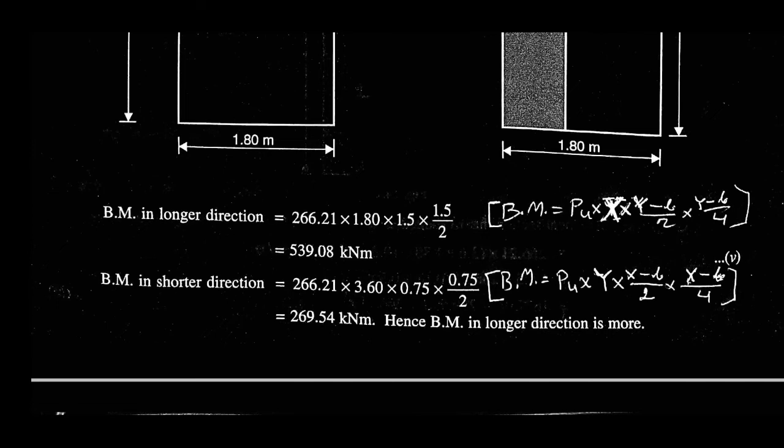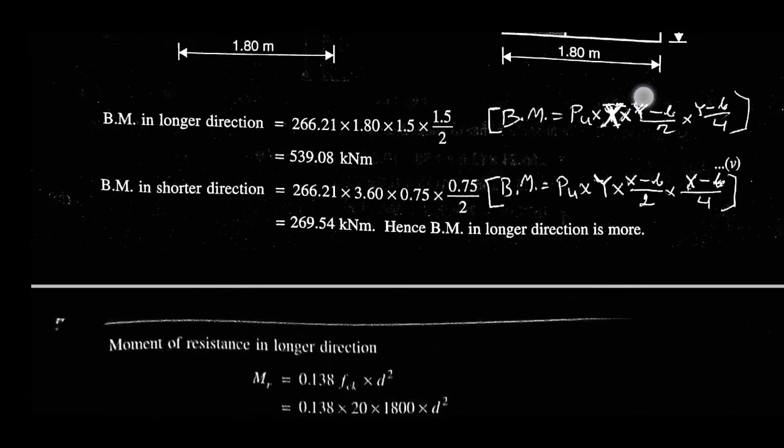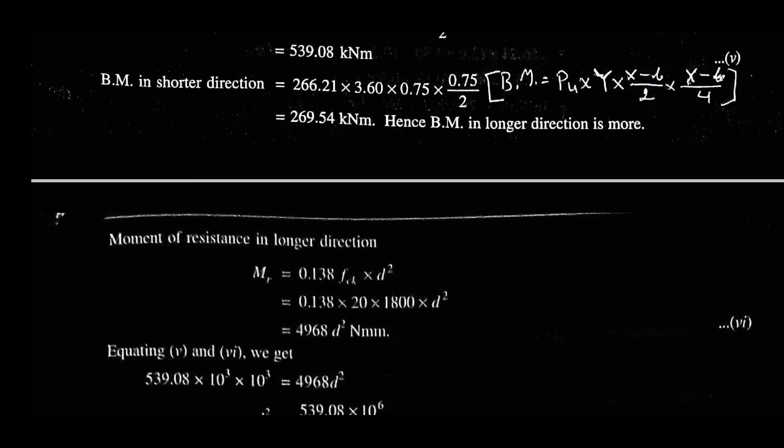Now the bending moment in the shorter direction, I have written the formula again. This is equal to 266.21 into 3.6 into 0.75 into 0.75 by 2, that is equal to 269.54 kilonewton meter. Hence the bending moment in the longer direction is more, so we have to take this into consideration.